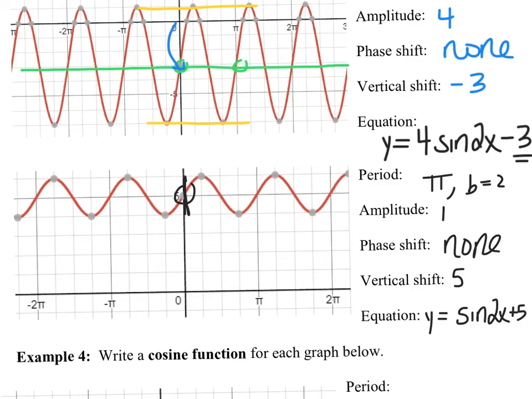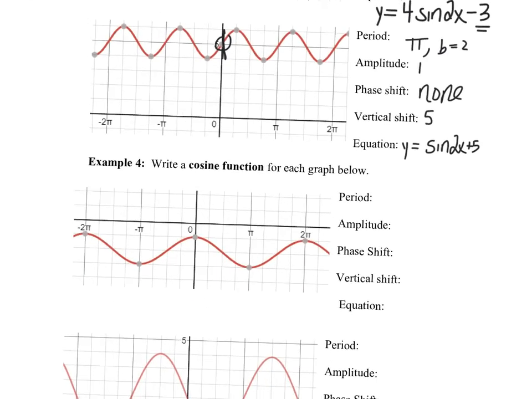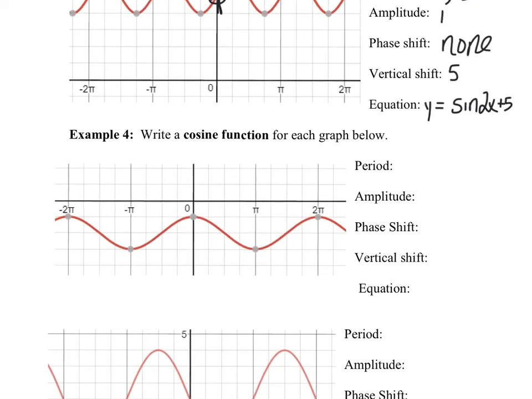Okay, down here I'm going to do cosine functions. So the period is 2 pi. The amplitude is 1. A cosine function has a maximum starting out. So this hasn't shifted at all either. The vertical shift is it has moved down 2.